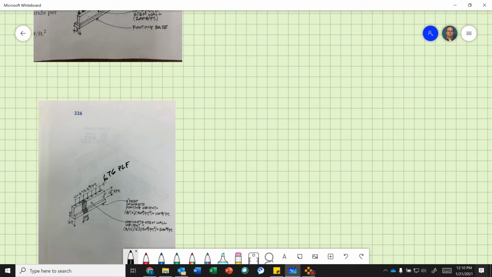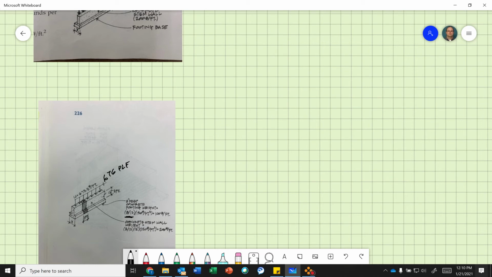Now I got to add the weight of the concrete in pounds per linear foot. Okay, so I know it's 8 inches wide by 2 feet deep.